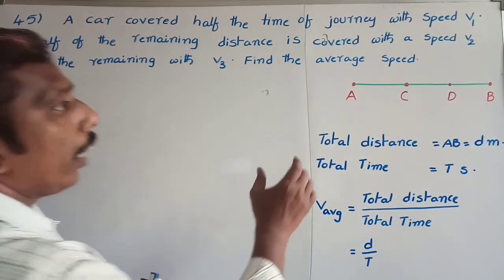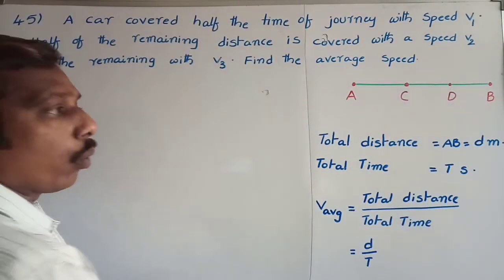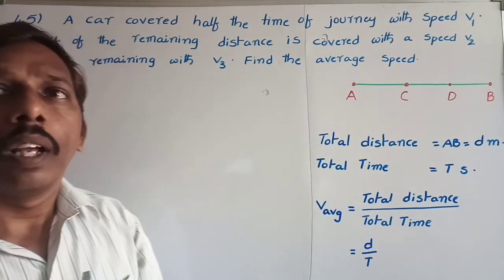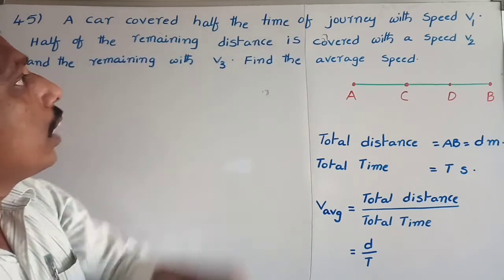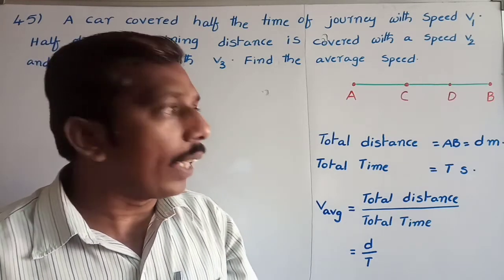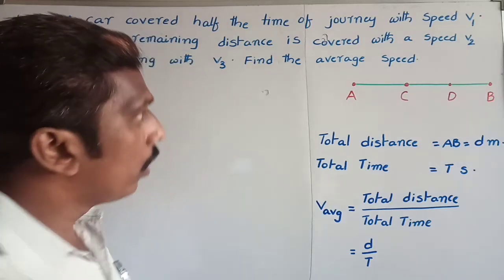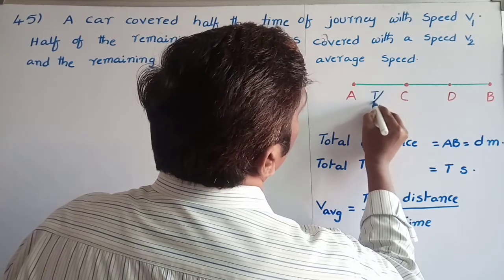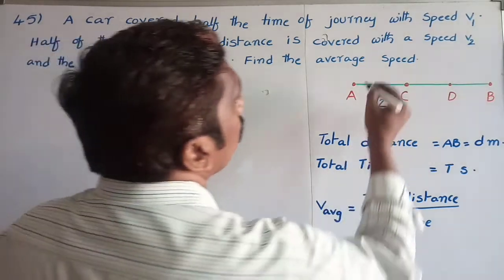Here, assume the body travels from point A to point B. Total distance from A to B is d meters. It takes a time of t seconds. But according to the problem, the car covered half of the time of journey with speed v1. I have taken total journey time as t seconds, so half of the journey time is t by 2. In this time interval t by 2, it is traveling with a speed of v1.